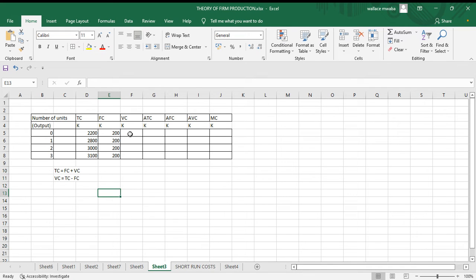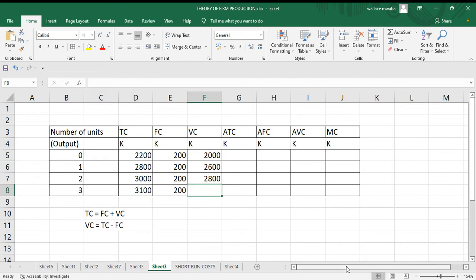So we're going to say the cost 2,200 minus the fixed cost 200, we get 2,000. 2,800 minus 200, we get 2,600. 3,000 minus 200, we get 2,800, and then 3,100 minus 200, we get 2,900. So we found our variable costs.